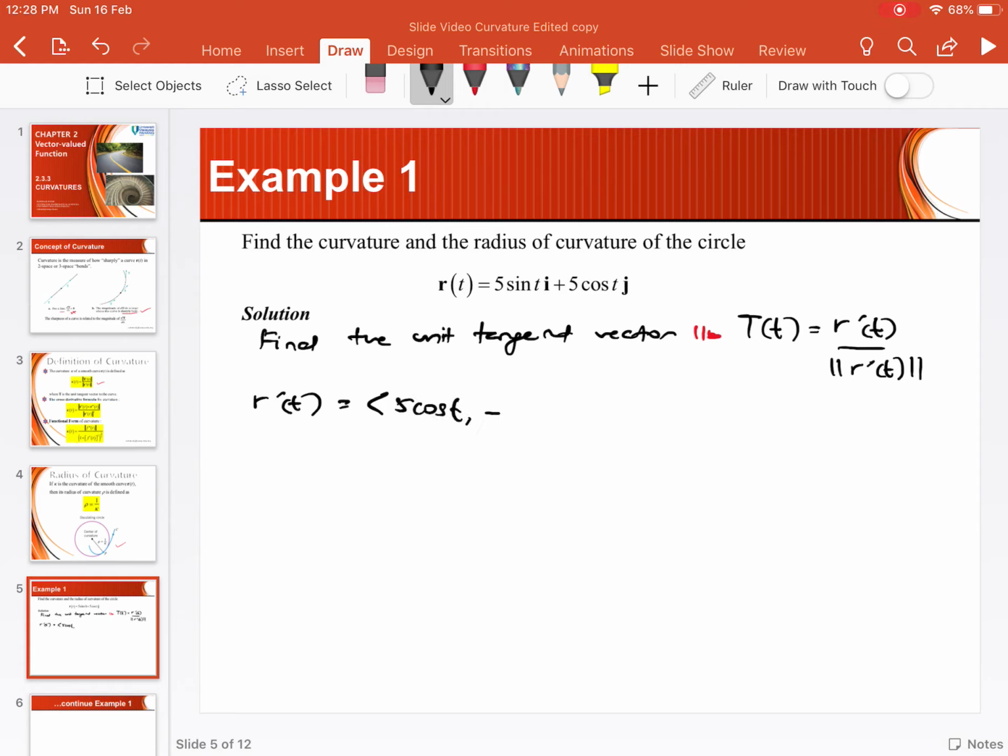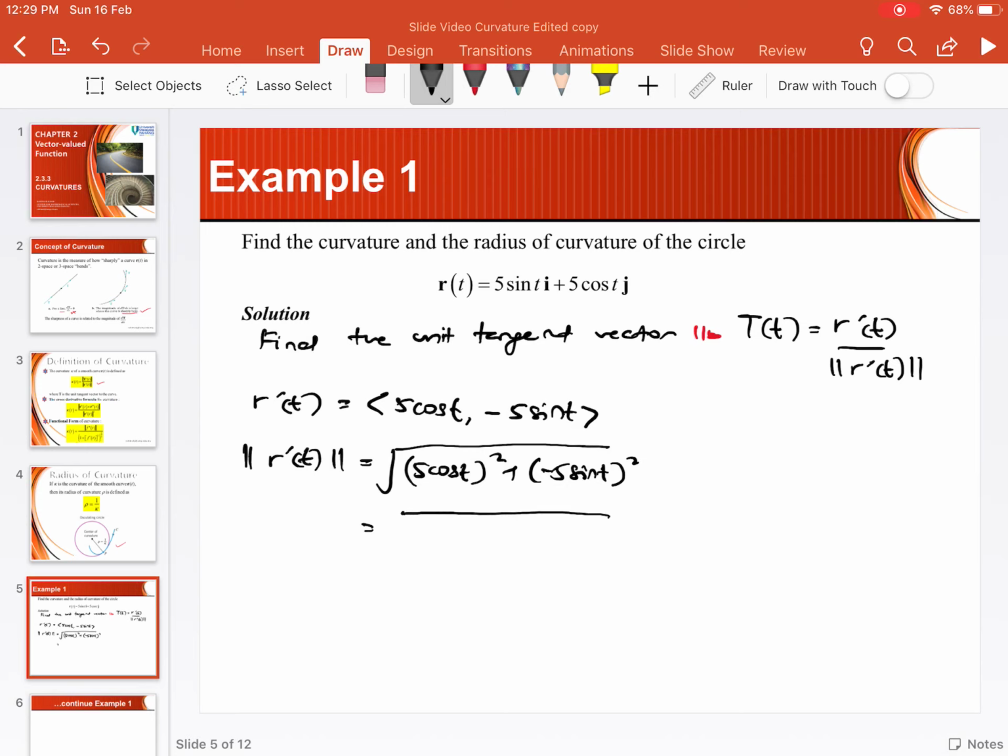Differentiate 5 cos t, we get negative 5 sin t. Next, we need to find the magnitude of r prime t. So we have the square root of (5 cos t) squared plus (negative 5 sin t) squared. So we will have 25 cos squared t plus 25 sin squared t.